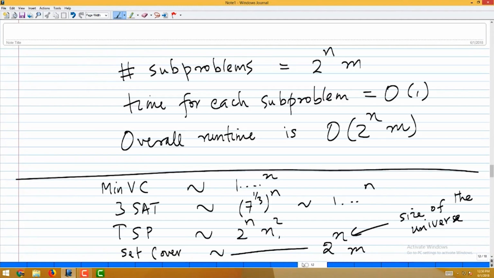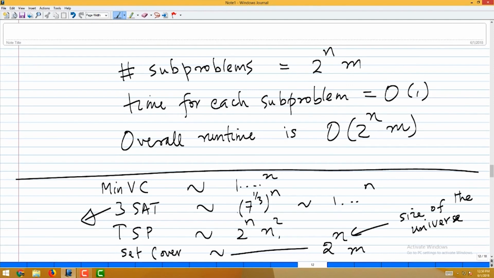If you recall this 7 power 1 by 3 power n algorithm for 3 SAT, how did we get this? We said we look at a clause, there are 3 variables, there are 8 ways of trying them, but instead we will try only 7 and then we recurse.